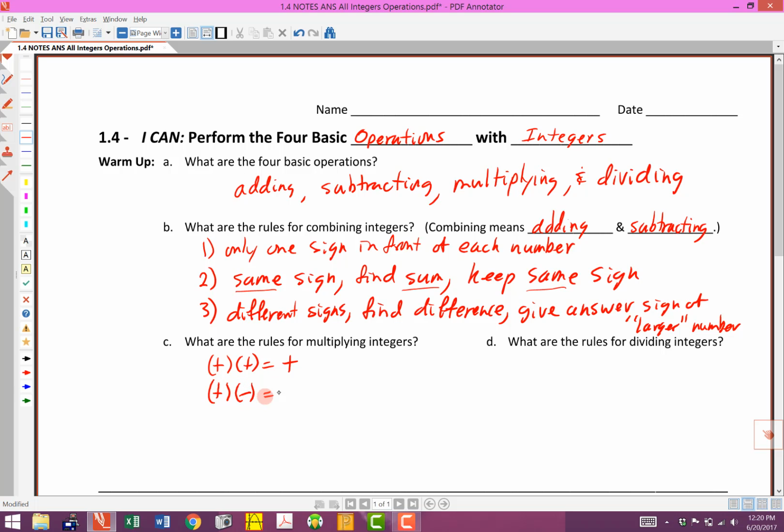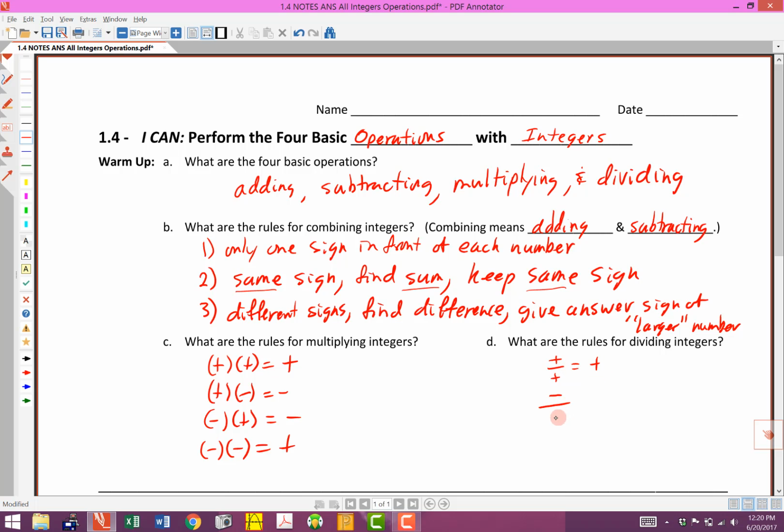Positive times a negative is a negative. Negative times a positive is a negative. And if you've got a negative times a negative, you end up with a positive. And again, when we were covering that section, we talked about a negative means opposite. So if we're doing the opposite of the opposite, we get right back to a positive. And then the cool thing for division is the rules are exactly the same.